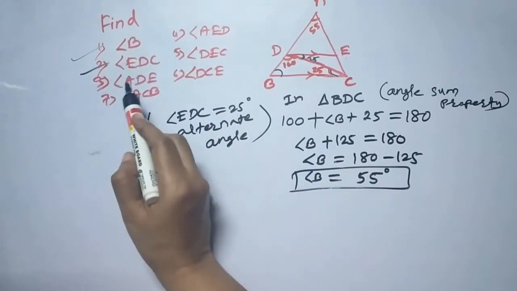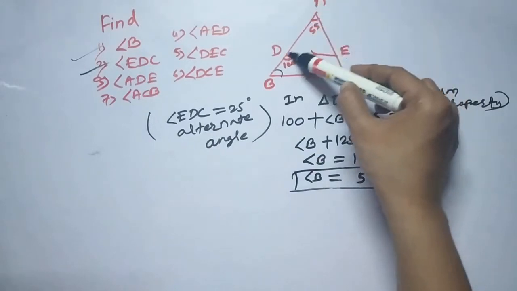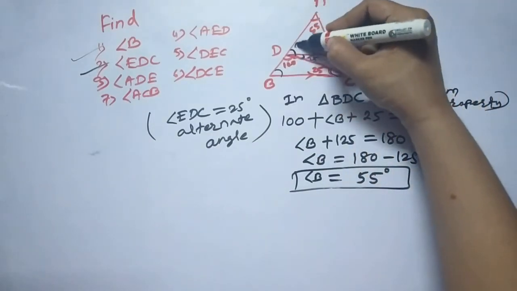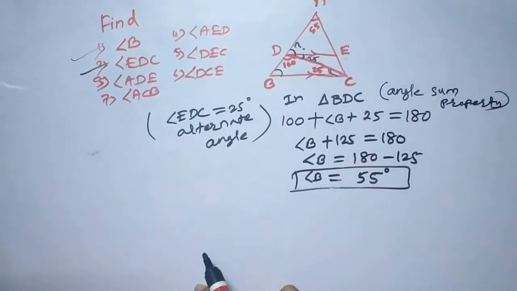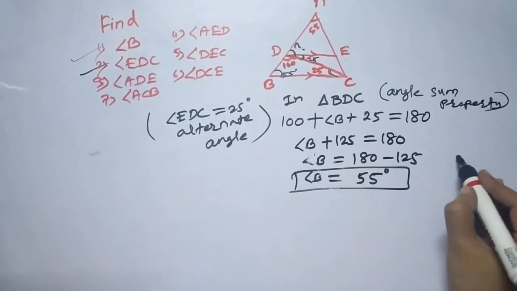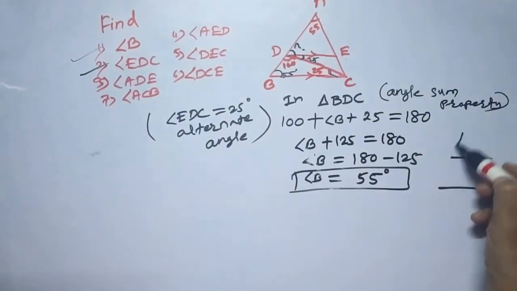So friends, now we need to find out angle ADE. ADE means we need to find out this angle ADE. So friends, it is very easy to find out. Simply focus here. These two are the parallel lines, and suppose these are transversals here.